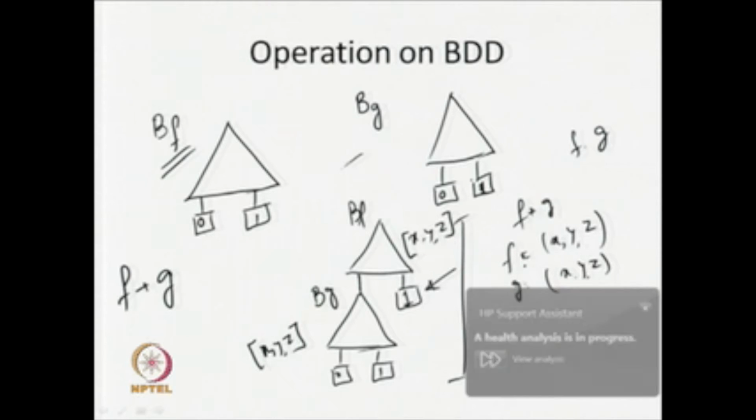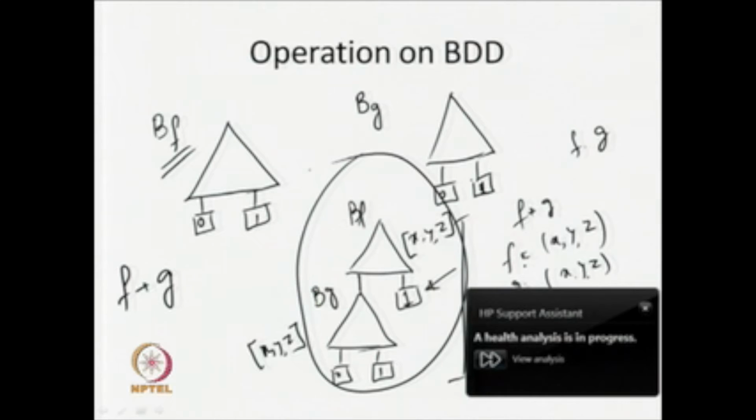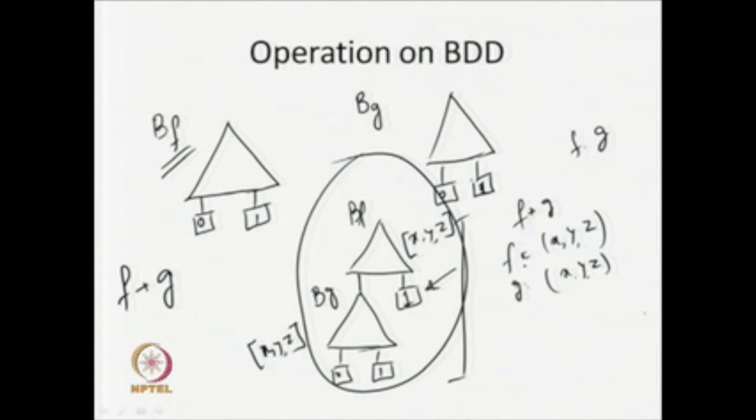But when we construct this particular BDD, what will happen? We are not going to get this ordering of the variables x, y, z, because somewhere here x is appearing and somewhere here also x is appearing. So, in one particular path x is appearing twice, which is a violation of the ordered binary decision diagram.